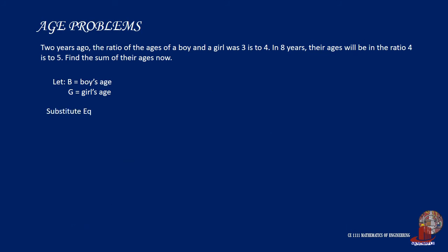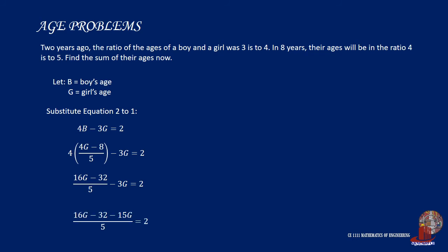Now, plug in B or equation 2 in equation 1. So we get 4 times 4G less 8 all over 5 minus 3G is equal to 2. Distribute 4 among the numerators, making the equation 16G less 32 all over 5 less 3G is equal to 2.